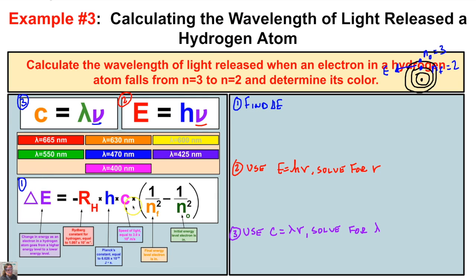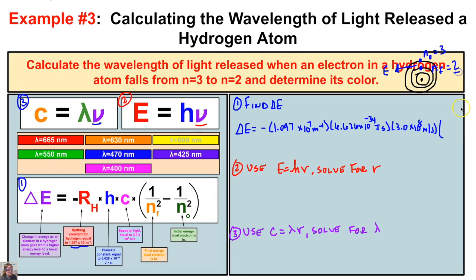We need to find the change in energy using this formula right here. To get the change in energy, we are going to take negative Rydberg constant for hydrogen, which is 1.097 times 10 to the 7th meters to the -1 power, times Planck's constant, 6.626 times 10 to the -34 joule seconds, times the speed of light, 3.0 times 10 to the 8th meters per second, times 1 divided by the final principal energy level that the electron is in, squared.